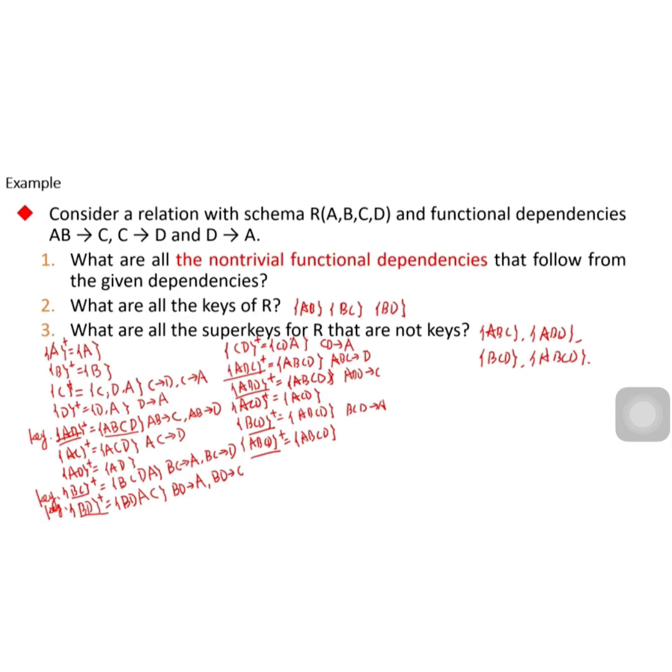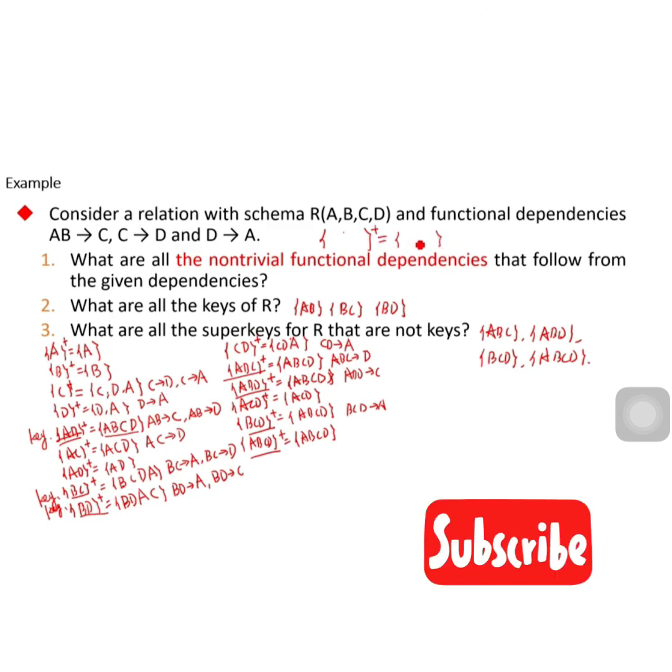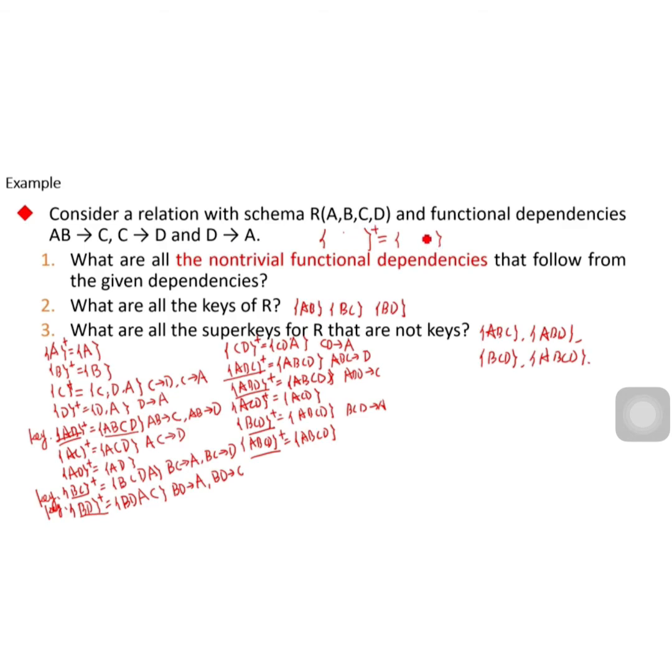Then, if we want to compute the closure of a set of attributes, the base is the attribute set, and then we add the right side. Because there is no B in the right side, B must be in the base.